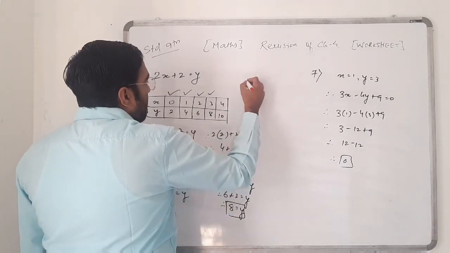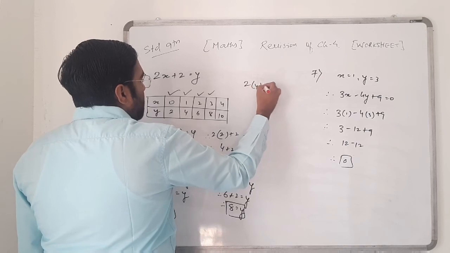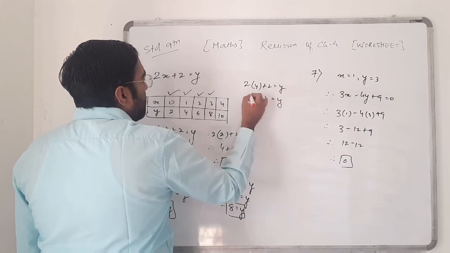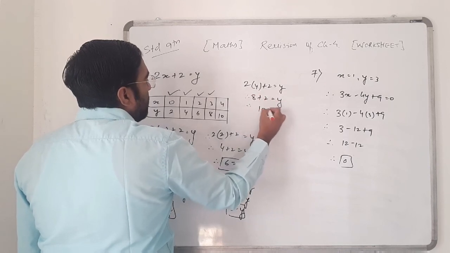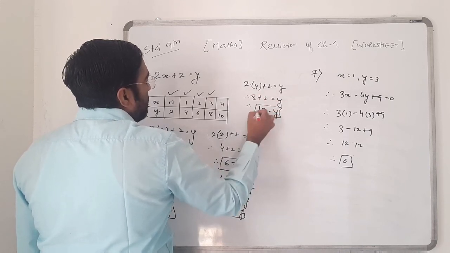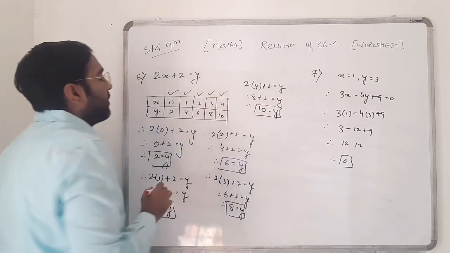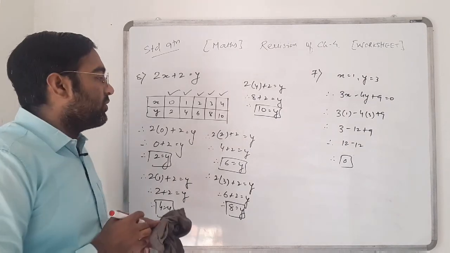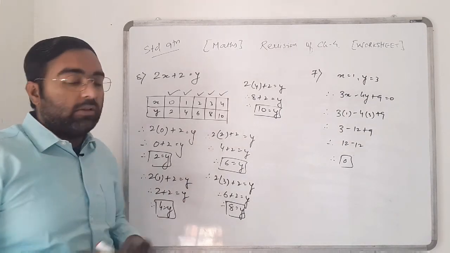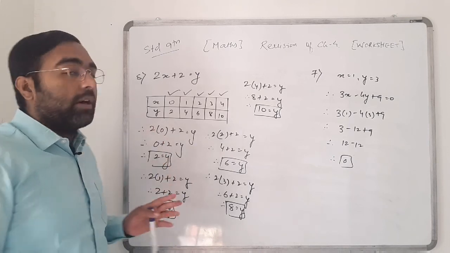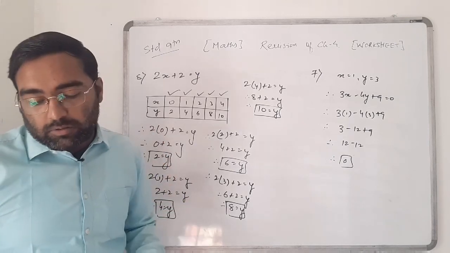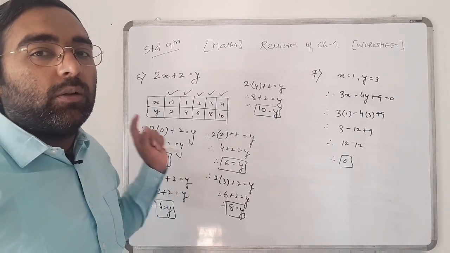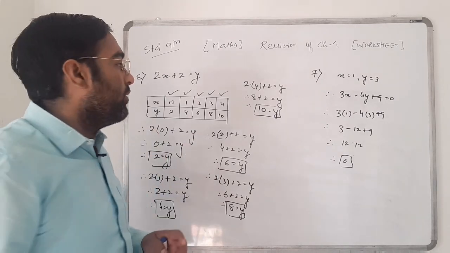And the last one, 2 into 4 plus 2 equal to y, so 8 plus 2 equal to y, so 10 equal to y. So when I take the value of x equal to 4, then the value of y equal to 10. Clear that? So here all the solutions of the following equation are satisfied. So therefore we should say that this statement is correct and true, and all the solutions are true.